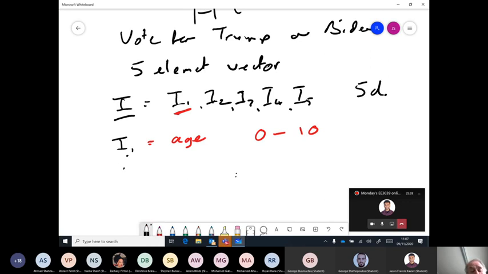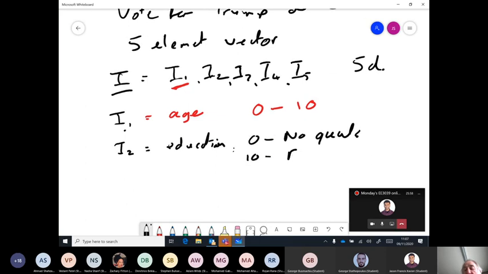I2 is going to be education. And again, we're going to do 0 to 10. And 0 is going to be no qualifications, right the way through to 10. What's it going to be? PhD.